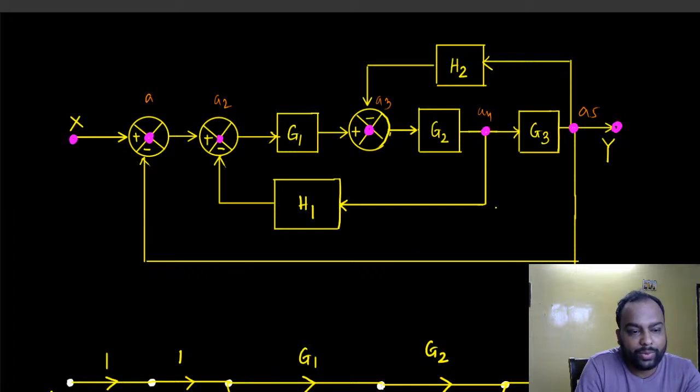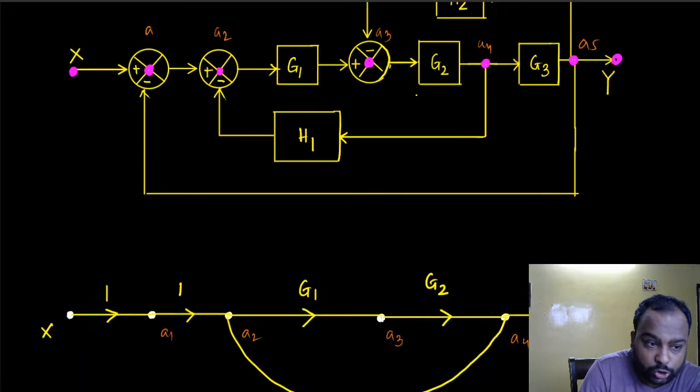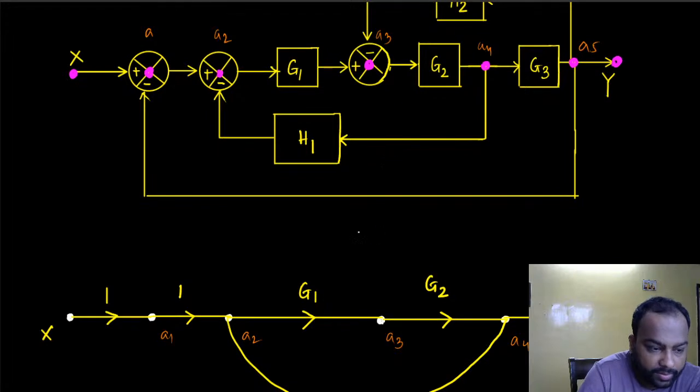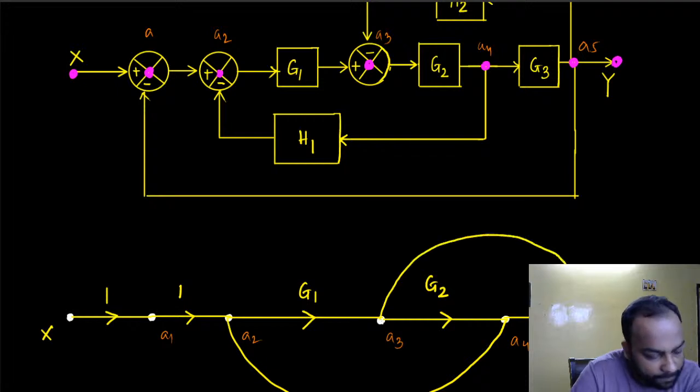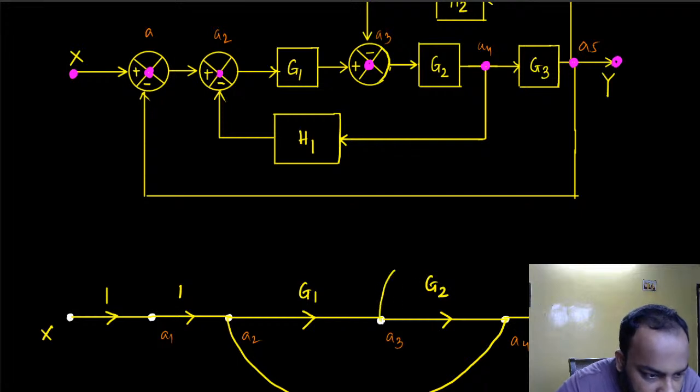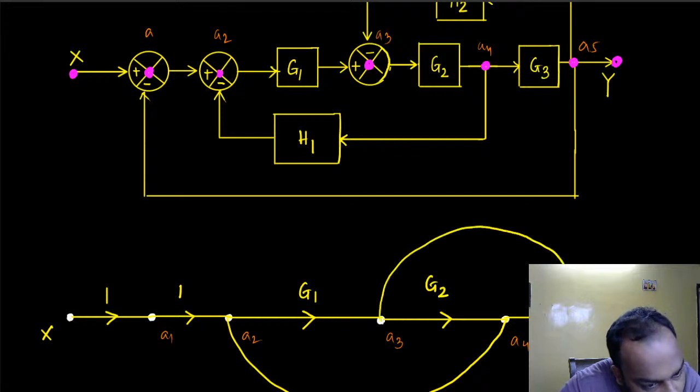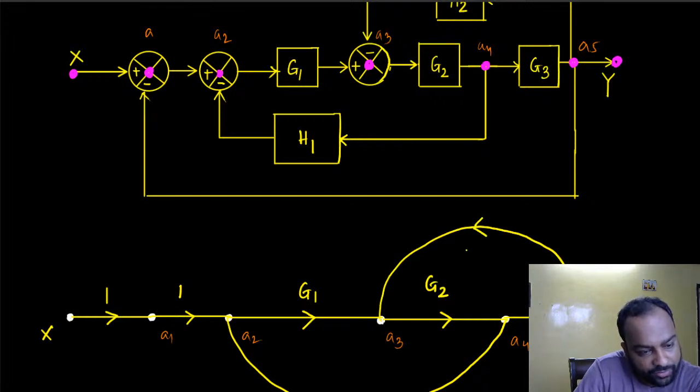Essentially we have a connection from A5 to a summing point A3 through a transfer function of minus H2, right? A connection like that through a transfer function of minus H2.